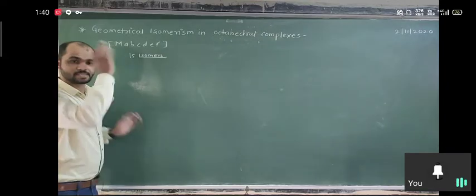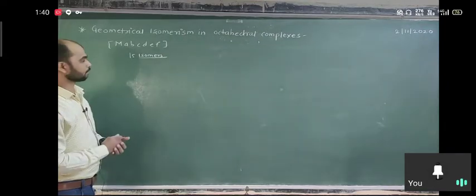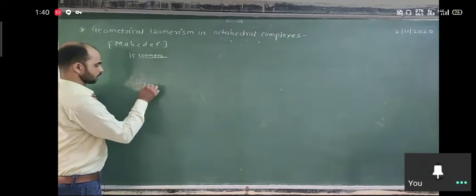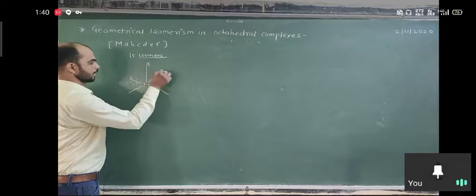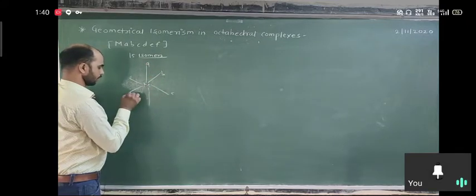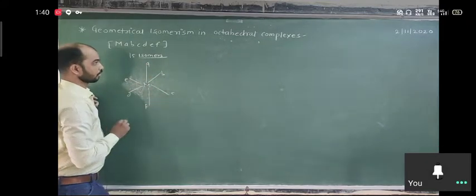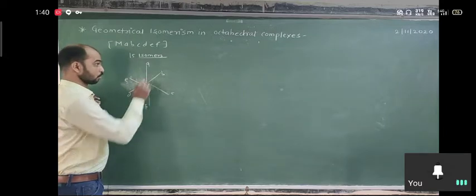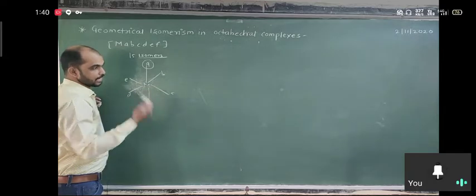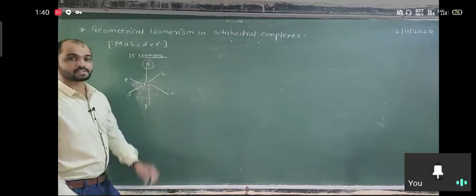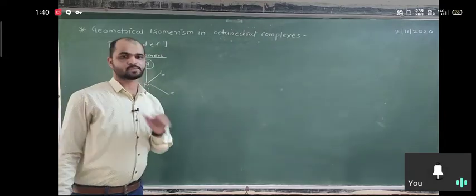Same as the last example, if we draw the structure, suppose here A, B, C, D, E, F are the ligands. We can hold one position and rotate the others. When we try all these structures, we get 15 different isomers.